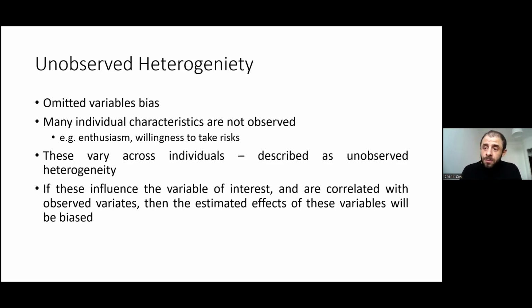And if these variables affect my outcome variable, this means that I will have biased estimates. Perhaps the enthusiasm of Seda can affect her wage, because she's enthusiastic and she's working on different papers, and this increases her performance, for instance.